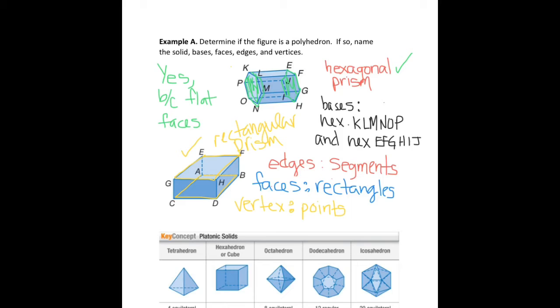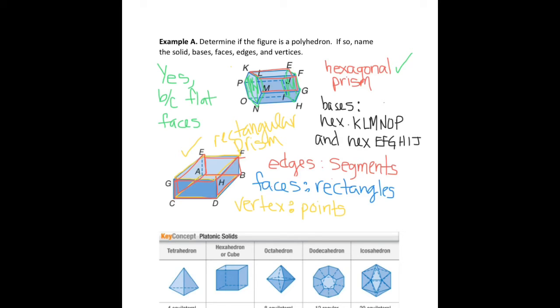Notice that the faces of the hexagonal prism and of the rectangular prism, the faces, not the bases, are all rectangles. Okay? So we're asked to name the bases, the faces, the edges, and the vertices. Well, the bases of the hexagonal prism, they're actually planes, but we're going to just say hexagon KLMNOP and hexagon EFGHIJ.